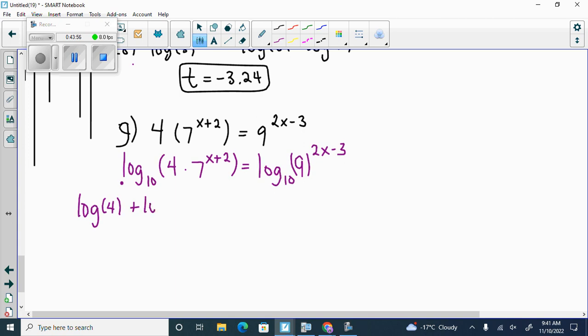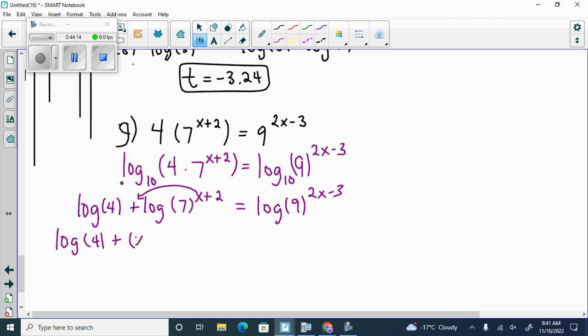If you can get to this step, most people can finish this correctly. Distribute, so I get log 4. This drops in front. Remember, you're being recorded. 2x minus 3 log 9.